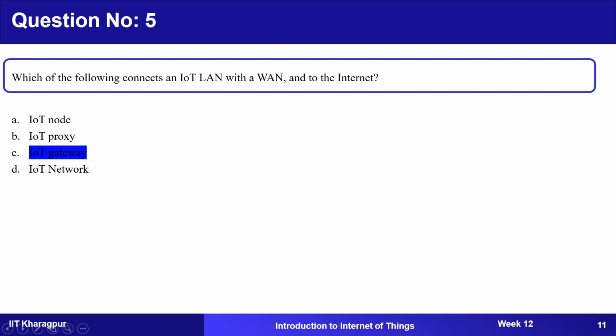So yeah, IoT gateway is the correct option. Basically, a proxy will provide you the data which your server will provide, right? And a gateway is useful for connecting your IoT LAN with your WAN and further to the internet. This is the function of a normal gateway also, so the same function is performed by an IoT gateway as well.